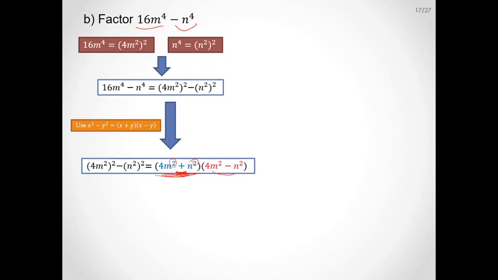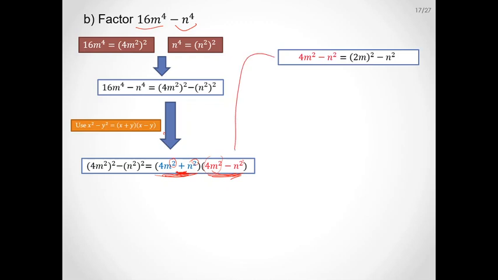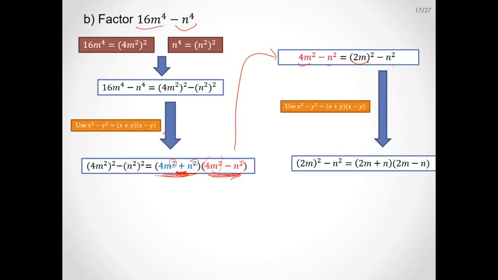But the other factor is a difference of squares, so we can use the rule again. This is a complete square, and this is a complete square, and it turns out to be 2m plus n, 2m minus n. Then we have the factoring for this part.